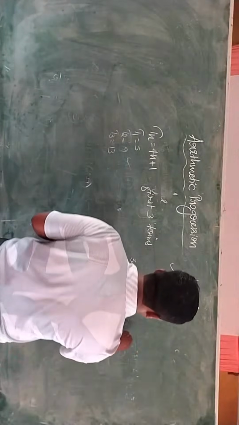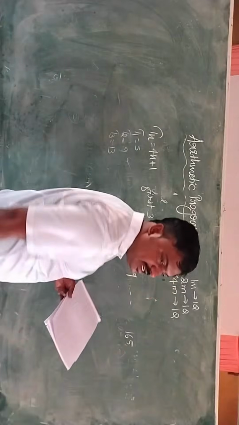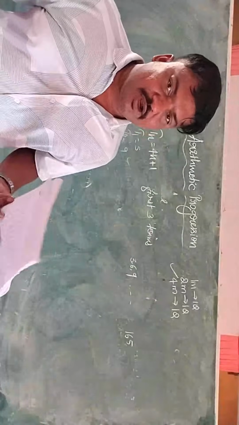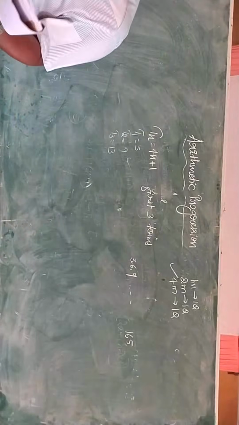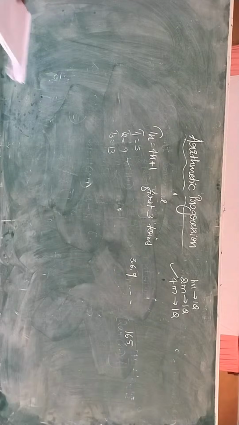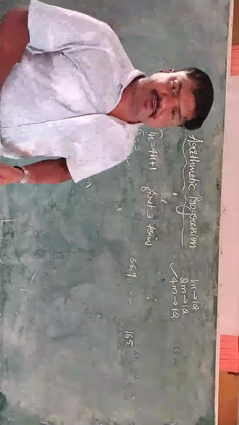Let me read the question again. Find how many terms of the AP 3, 6, 9, and so on must be added to get the sum 165.